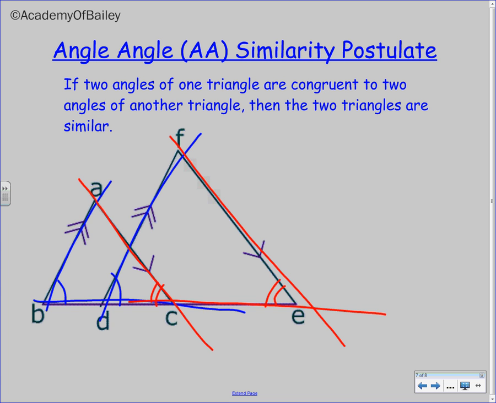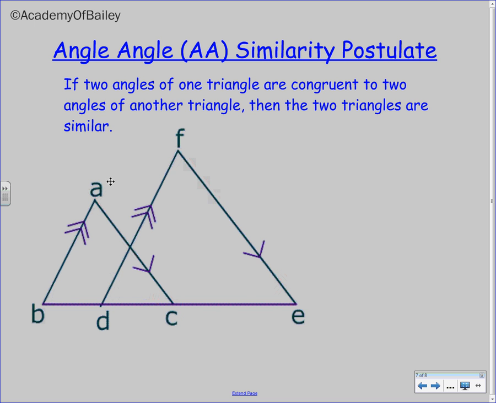Let me go ahead and clean this up a little bit for you, and put our congruent marks back in there.